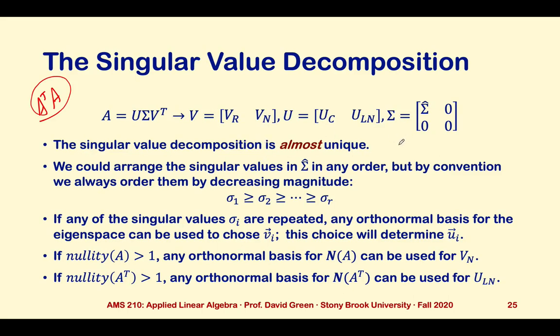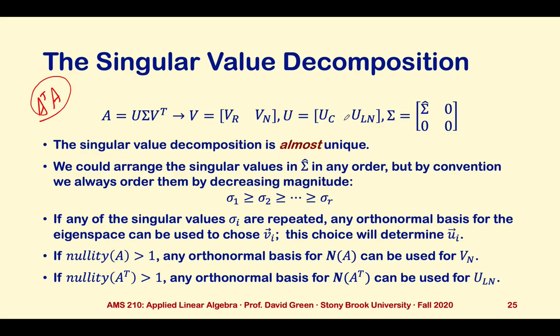Is it unique, or are there more than one U and V and sigma that can give us the same answer? Well, it's almost unique. One lack of uniqueness is that we're always allowed to rearrange the order of the singular values in this diagonal matrix, just as we are in the eigenvalue decomposition.